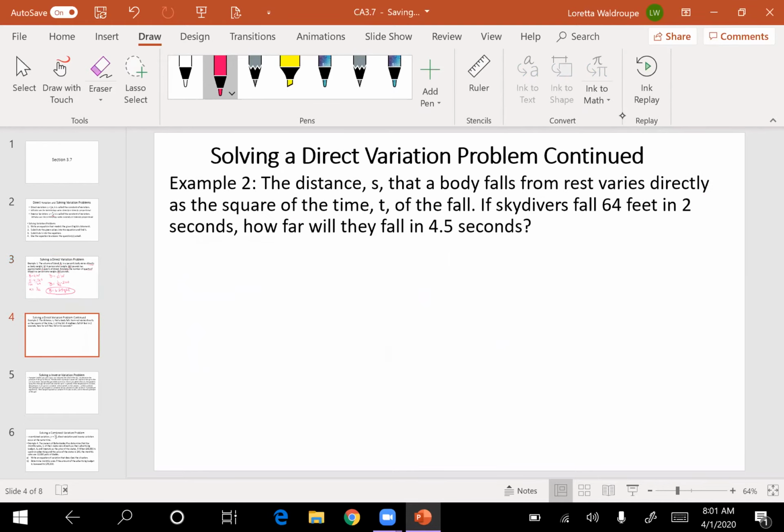Let's look at another equation. The distance S that a body falls from rest varies directly as the square of T. So first, from that sentence, write your equation. S varies directly as the square of T, or T squared.